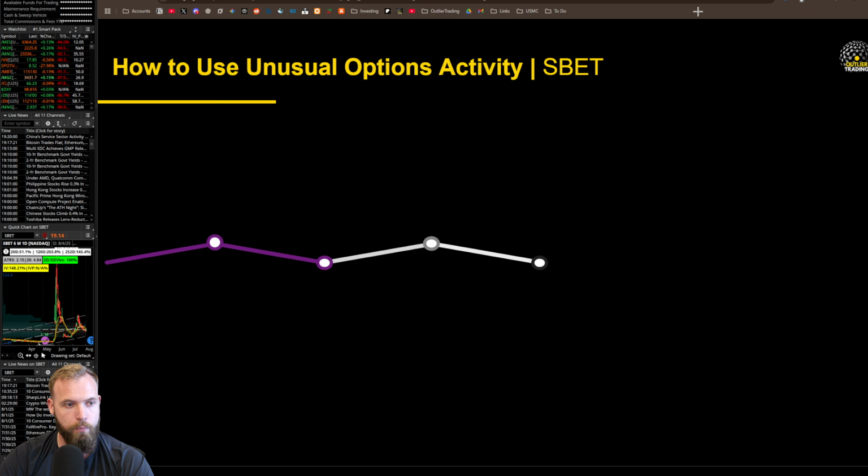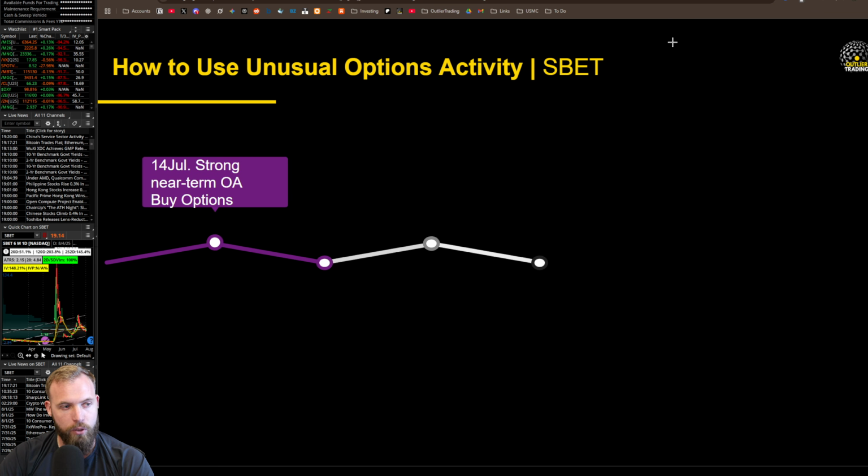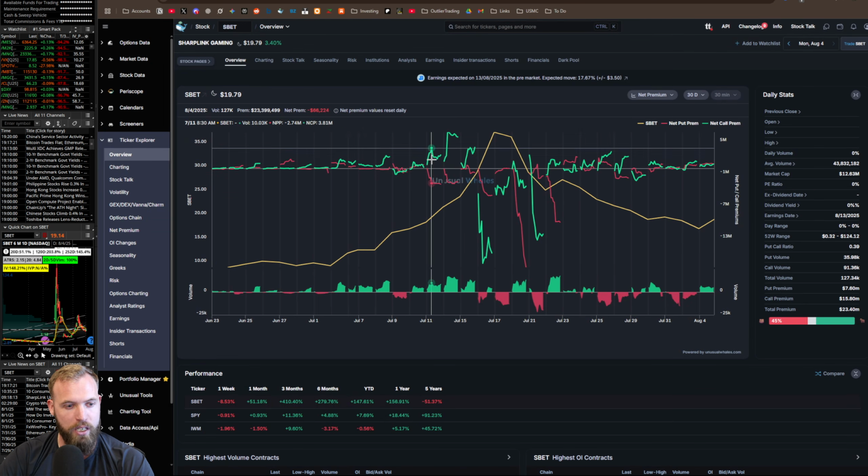So if we continue looking at SBET, what ended up happening was on 14 July, there was really, really strong near-term options activity, and it was clear that they were being bought up. So this started on the 11th, and then if we take a look at the 14th, it really hits a pinnacle.